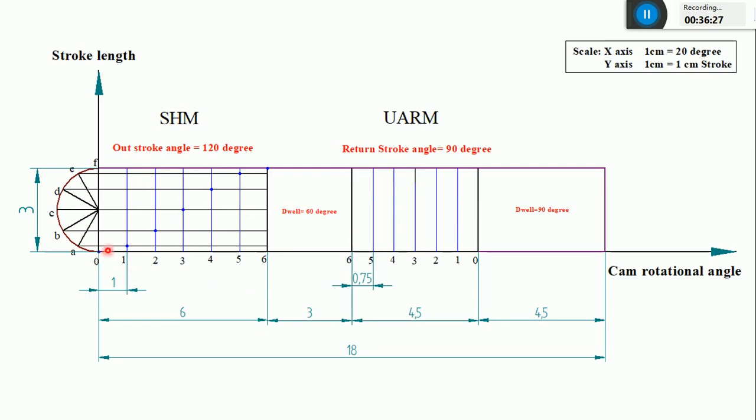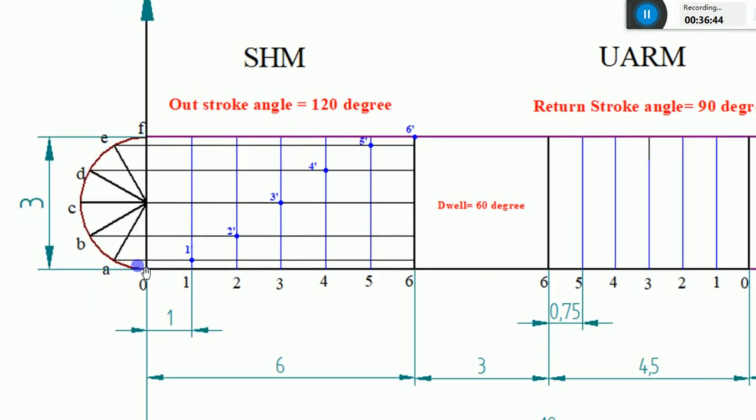So first locate the intersection points between the horizontal lines coming from A, B, C, D, E, F and the vertical lines coming from 1, 2, 3, 4, 5, 6, and give the namings. I have indicated them. So the intersection between the first horizontal line and the first vertical line is 1 dash. Similarly, 2 dash, 3 dash, 4, 5, 6 dash.